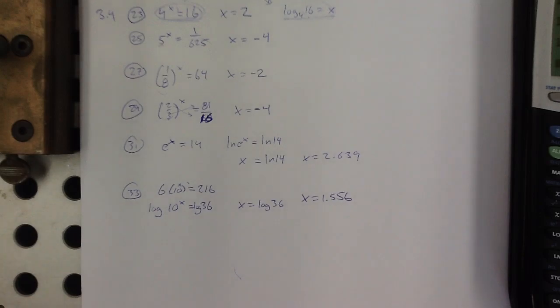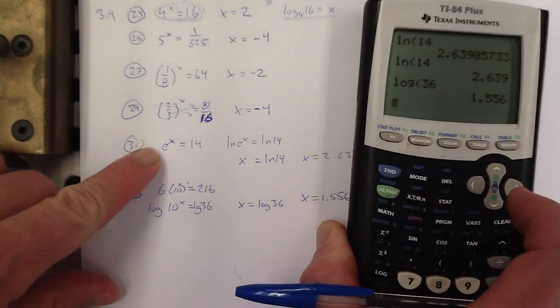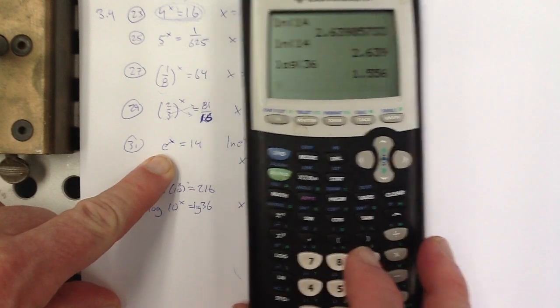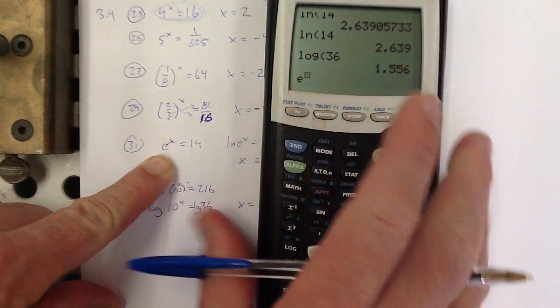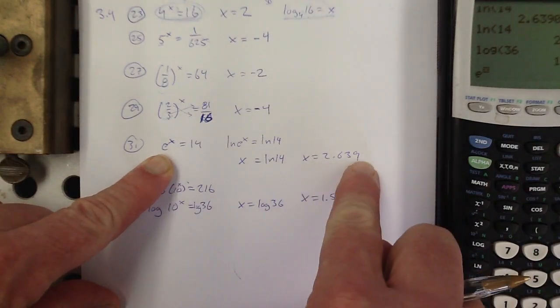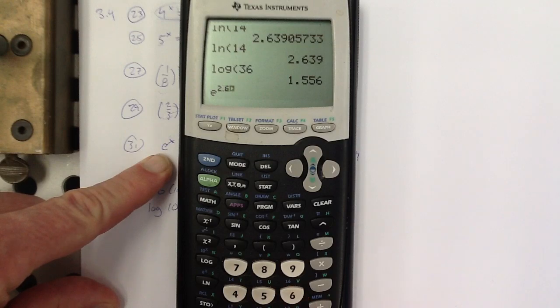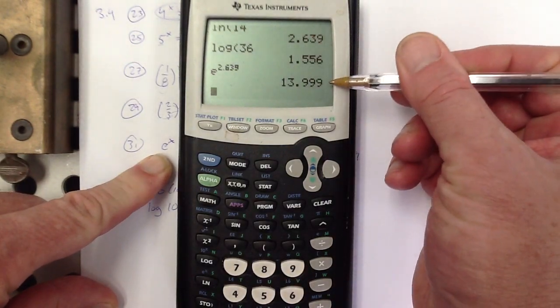And I did say I wanted you to check answers when you're doing these calculator problems. How would you do that? To check your answer, you just go back to, okay, if I'm raising e to the, I'm claiming that 2.639 is the answer, and just see, like, am I getting 14? Yes.